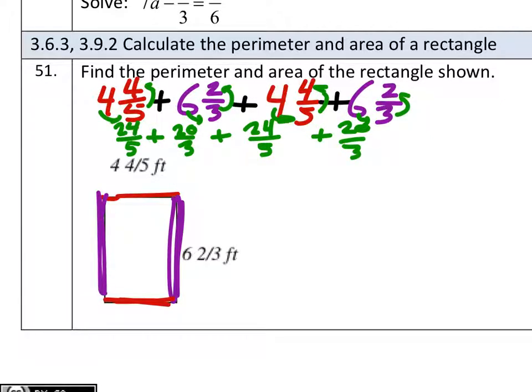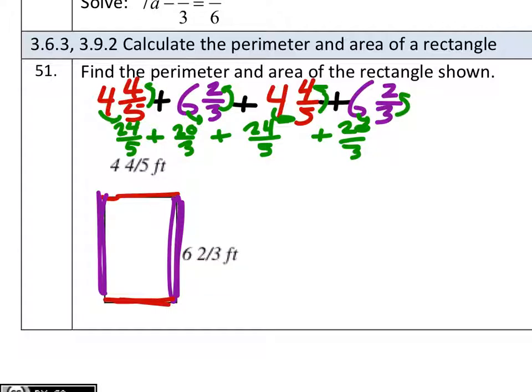Now, you probably noticed there that we got 24/5 twice and 20/3 twice. That's because we do have different formulas for the perimeter of a rectangle specifically. I'd like to show all 4 of them, just so I can account for all 4 sides. Because sometimes conceptually we kind of mix up our multiplication.